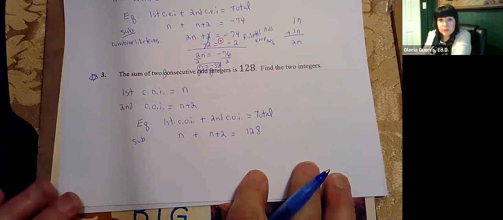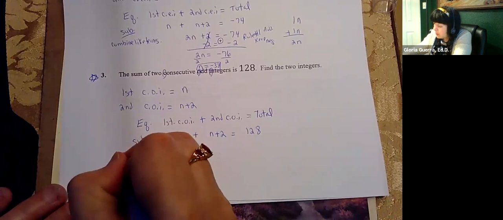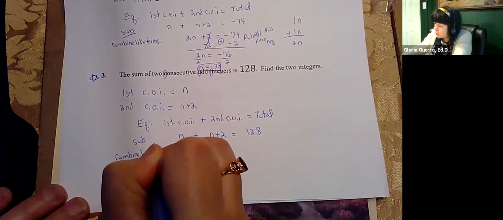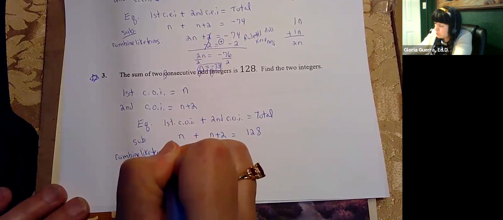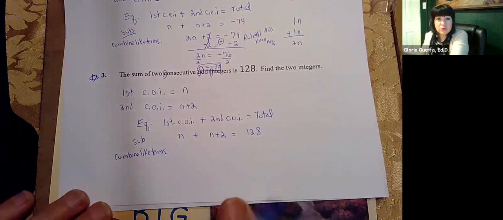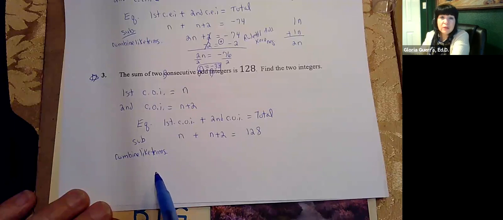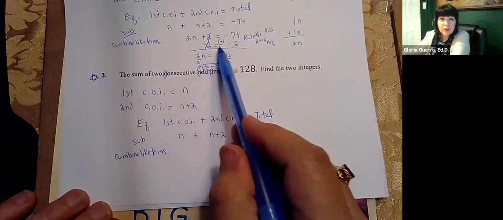Okay. And so now you're going to combine like terms. On your test, when you're working this, you don't have to write these steps like substitute, combine like terms. This is like using the subtraction property.